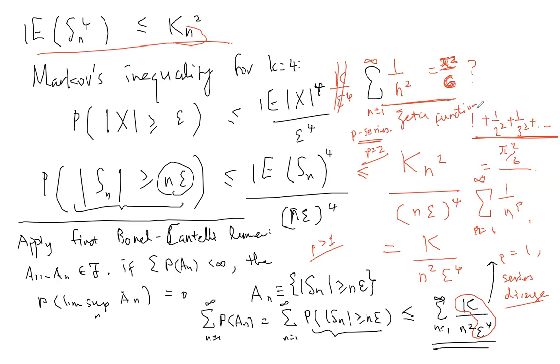You can do some search on that. But we will just use the fact that it converges to pi squared over 6. So therefore, this sum is bounded by k pi squared over 6 epsilon to the power 4. So this is finite. Therefore, we verify that the sum of P(An) is finite.